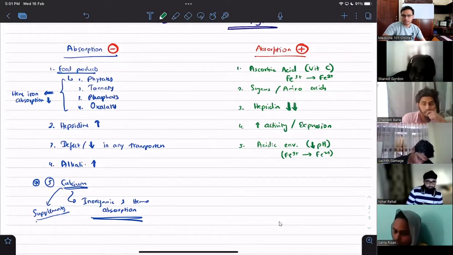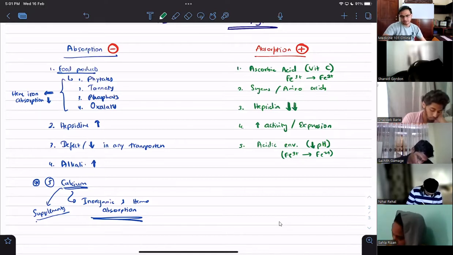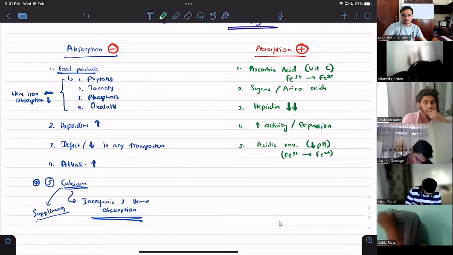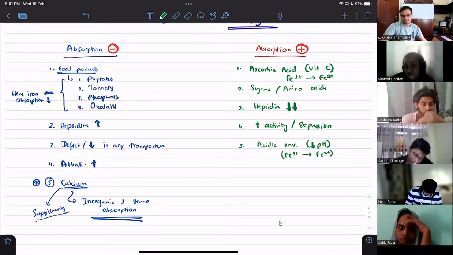Now tell me this, based on this acidic and alkali situation, what sort of drugs might be affecting a person to develop iron deficiency anemia?